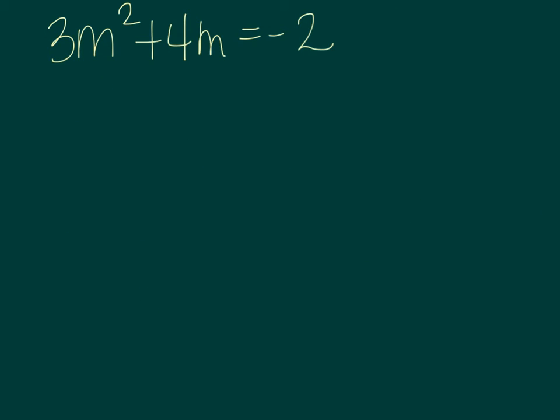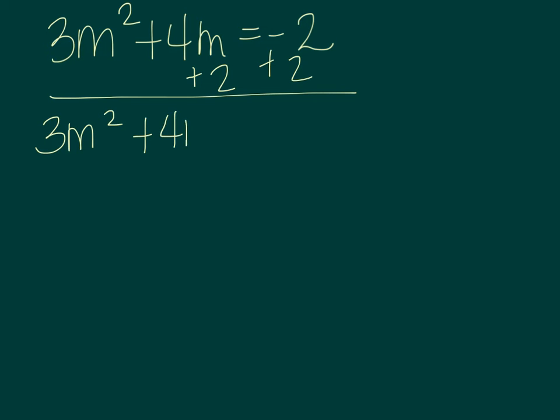Okay, let's try this one. 3m squared plus 4m equals negative 2. Now all the other 2 examples we have, they equaled 0. So that's the first thing we have to do, is we have to make this equal 0 by adding 2 to both sides. So we get 3m squared plus 4m plus 2 equals 0. Now it's just like what we were doing before.